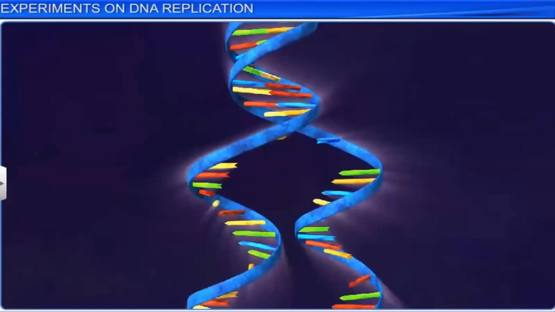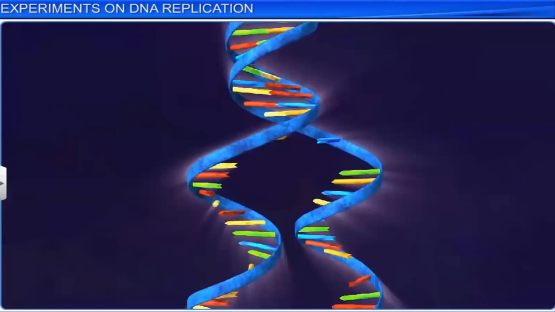The packaging of DNA: since DNA is 2.2 meters, as we calculated with the number of bases and the distance between the two bases, when we multiply it we get 2.2 meters in one cell we are talking about.